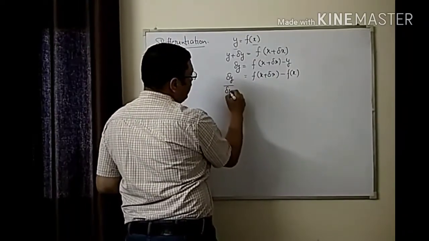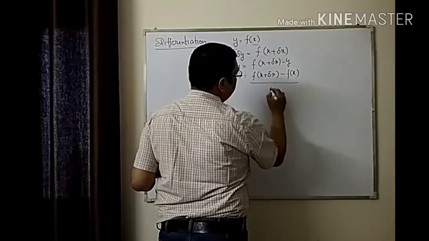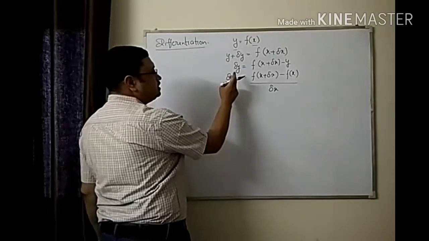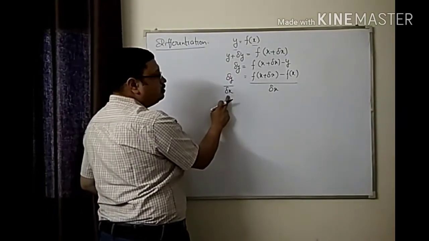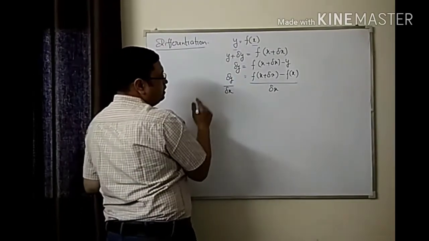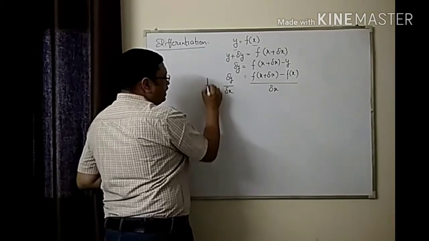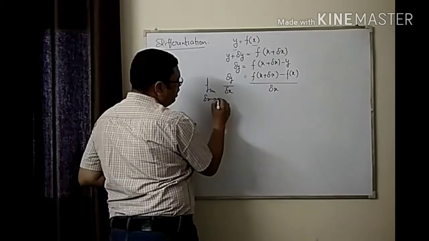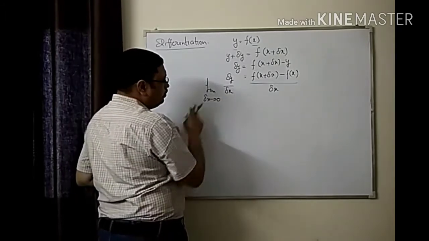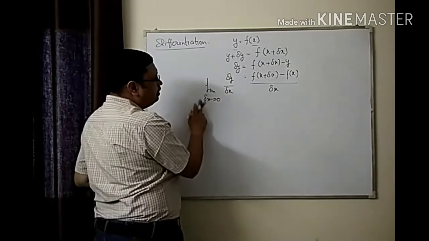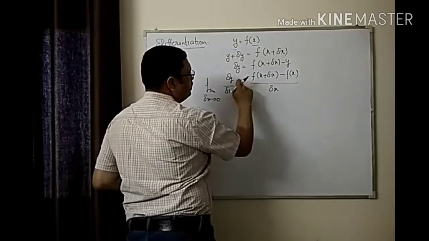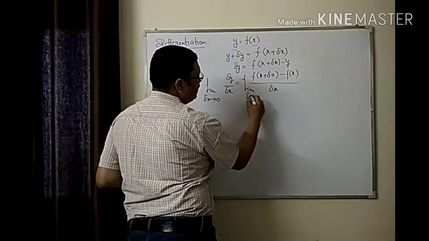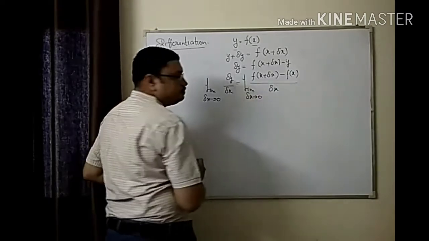Now this delta y upon delta x will be equal to f(x plus delta x) minus f(x), divided by delta x. This is the change in y with respect to the change in x. If we take this increment to be very small, delta x tends to 0, so we can put a limit over here, limit delta x tends to 0.